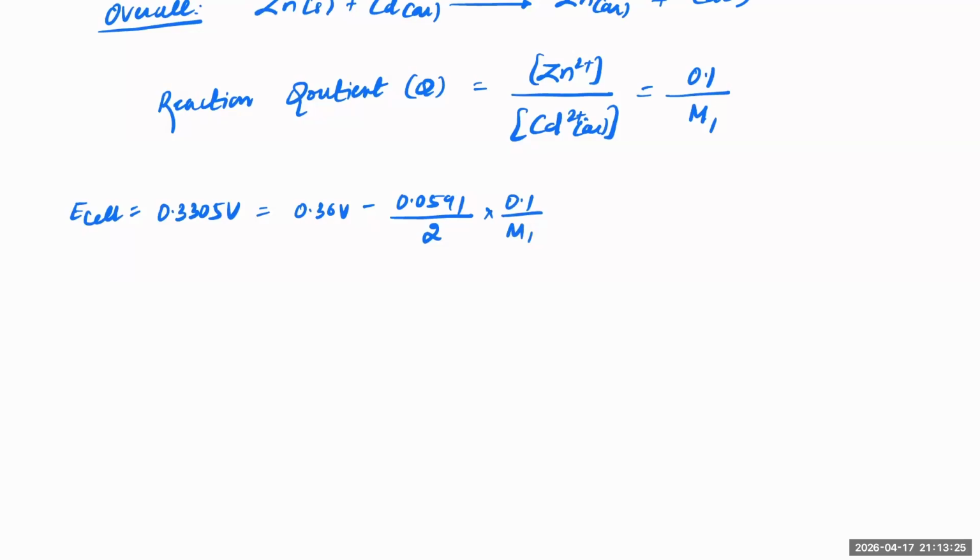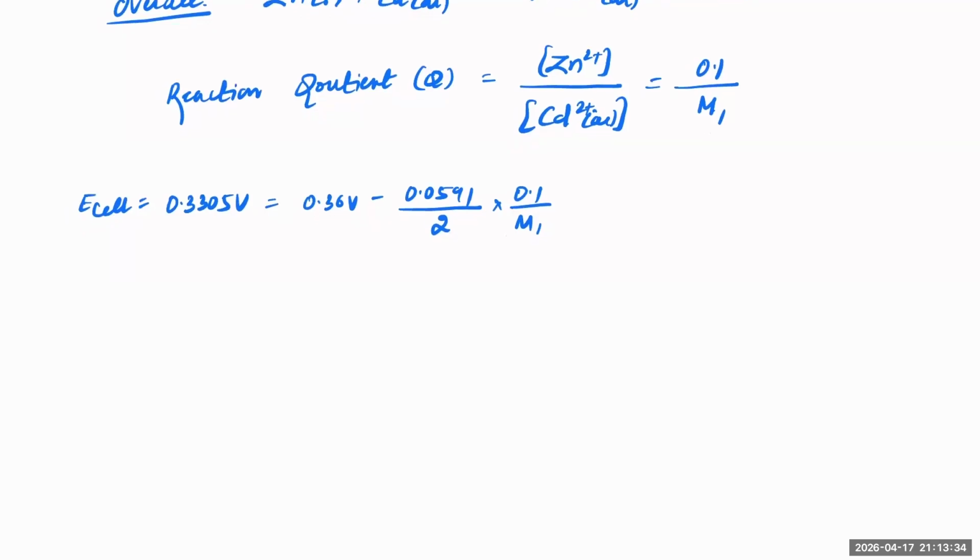Now this is the calculation that you need to do, everybody. If I take this 0.36 onto the left hand side, I get minus 0.0295, that is equal to minus 0.0591 by 2 into log of 0.1 by m1.